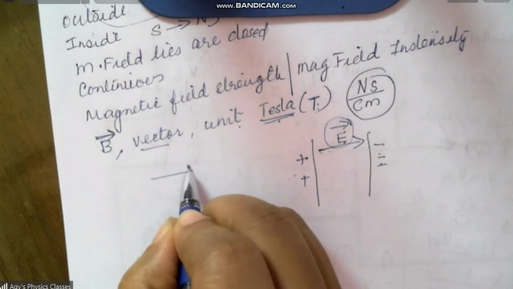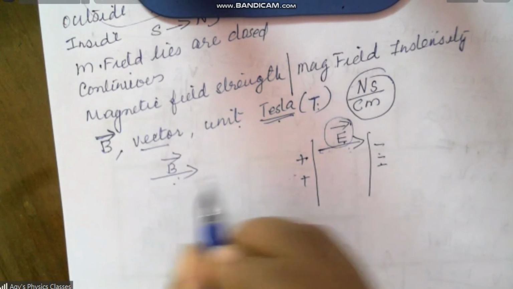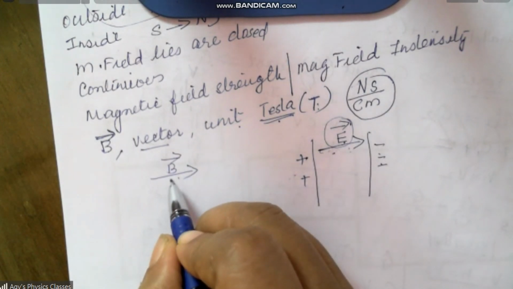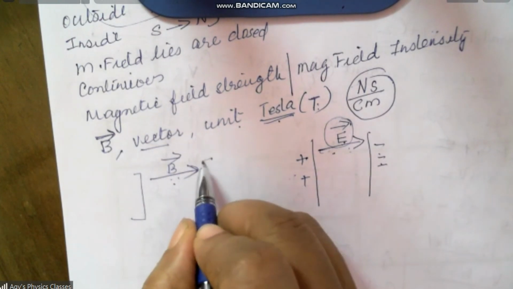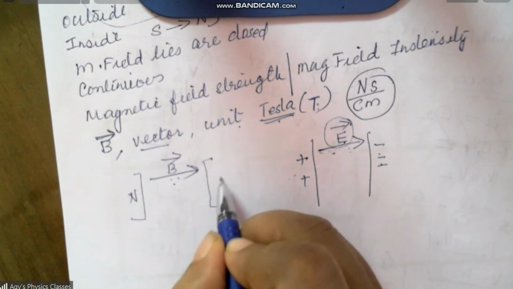Similarly, if I say magnetic field B, how do you know that it is electric or magnetic field? By the letter. E is electric field strength, B is magnetic field strength. If this is the direction of magnetic field strength, what is over here? Here north, here south.